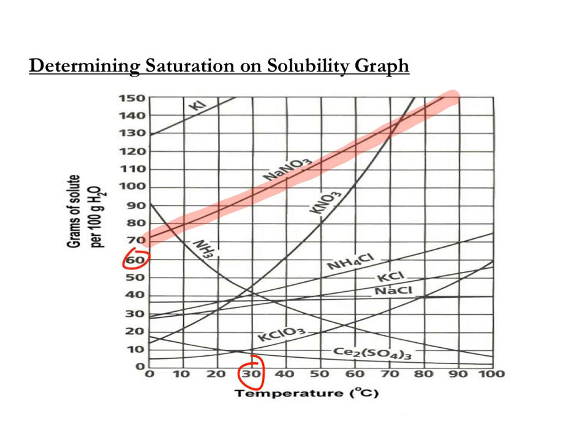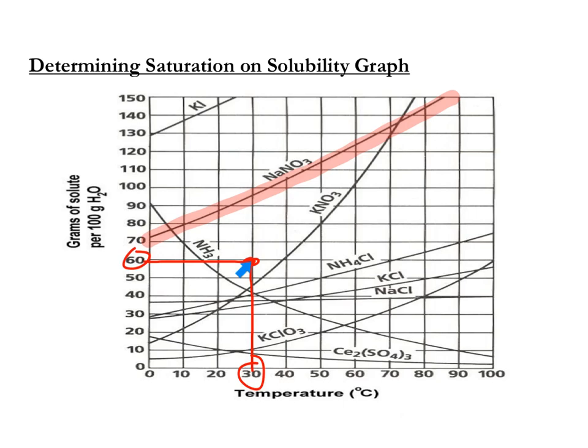So I want to find 30 degrees Celsius and 60 grams, and figure out where those intersect. So 60 grams, 30 degrees. Here is where they intersect. Now I notice that here's the point where they intersect. Here is my sodium nitrate line.